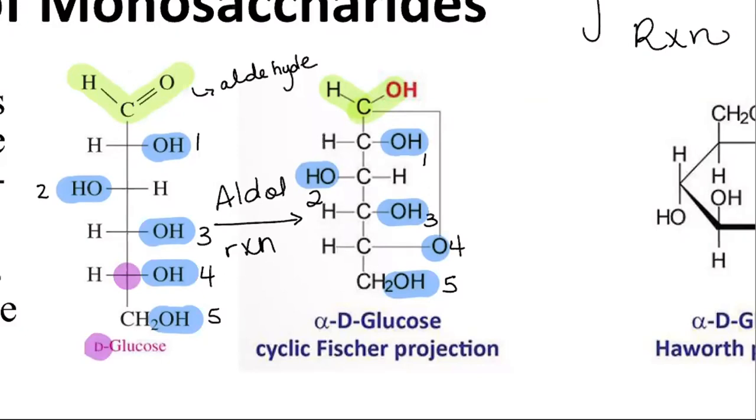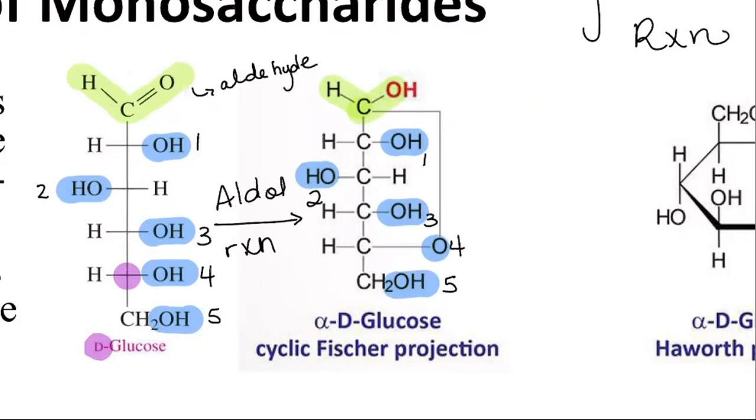The OH is pointing to the right, so that's why this is D-glucose. So taking that into consideration, then we know that in this reaction, this is the way that it is going to react always, always, always, always. So again, the carbon that determines the D or L notation, the OH on it is the one that is going to undergo the cyclization.